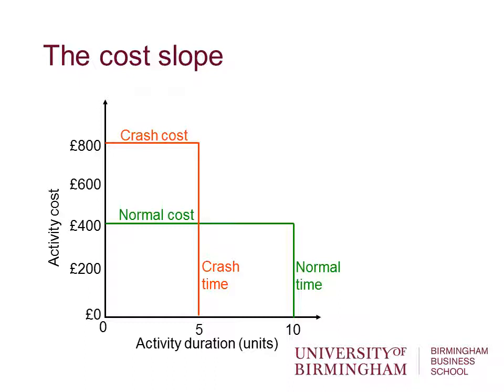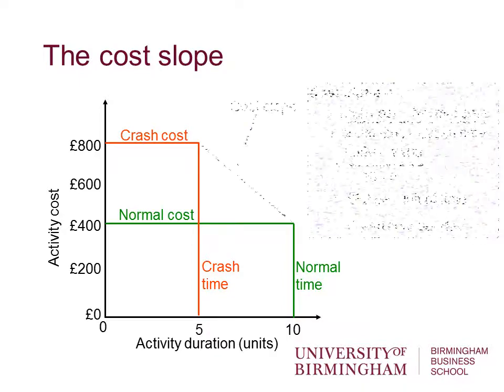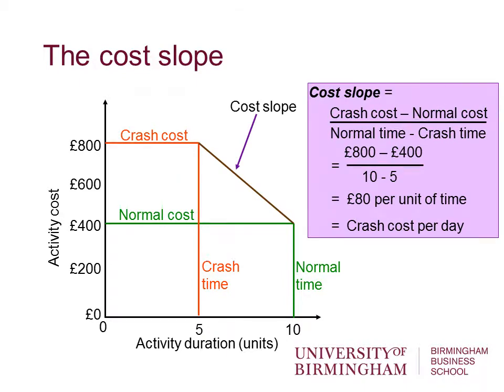We can imagine we double the resources. It would cost £800 in order to deliver it in 5 days rather than 10 days. So we can draw a line from the crash time point down to the normal time, normal cost point, and this becomes our cost slope.